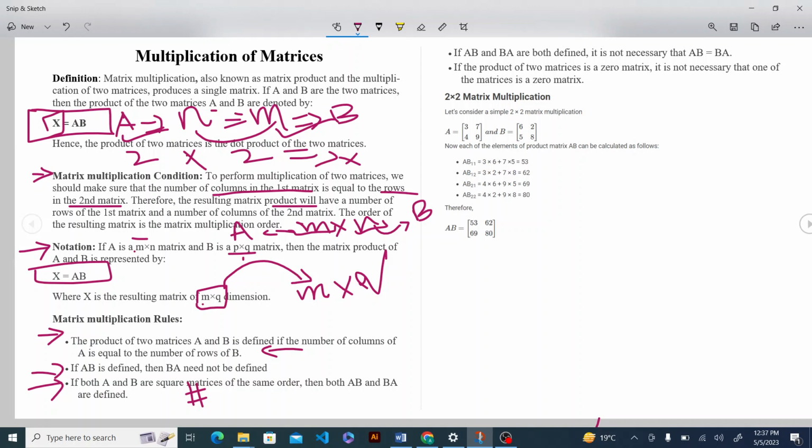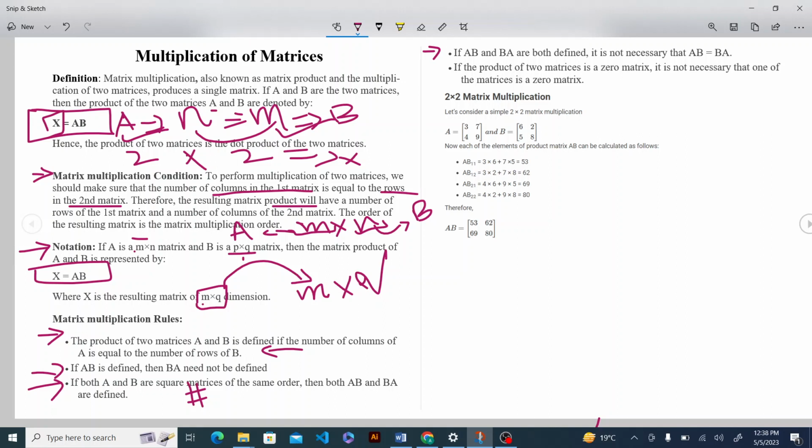The next one is, if AB and BA are both defined, it is not necessary that AB is equal to BA. Means if we find both A into B and then B into A, it is not necessary that the product AB will be the same as BA.